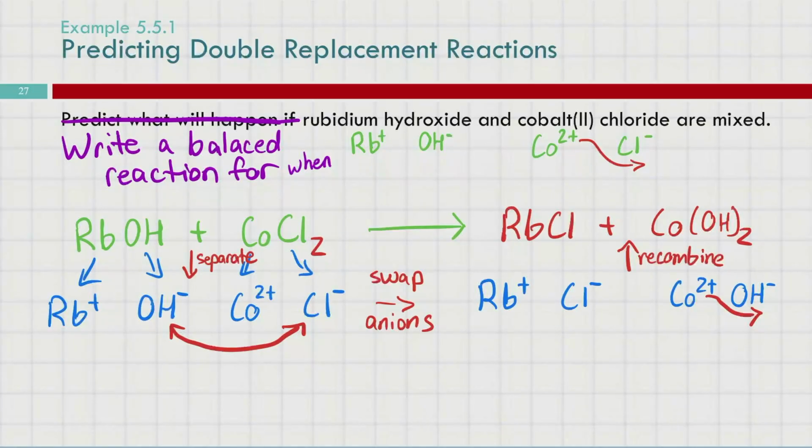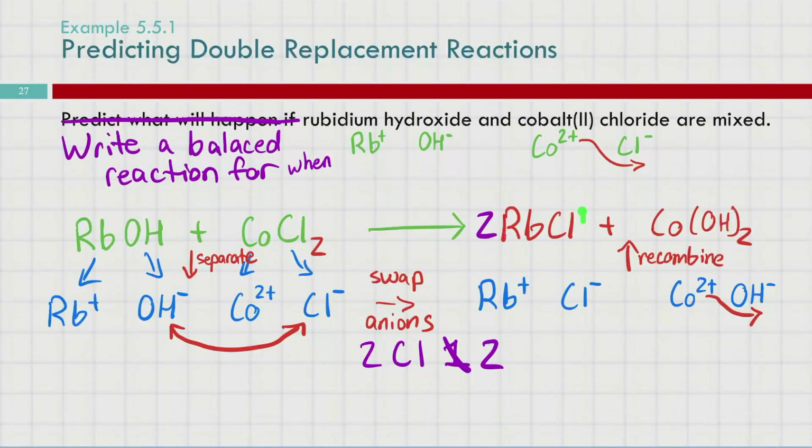And then our last step to do is balance. So looking at things that are not equal, to find the differences game, chlorine is not equal. We've got 2 chlorines on the reactant side. We've got 1 chlorine on the product side. We need to rectify this great injustice. So we're going to bump up our rubidium chloride to 2.